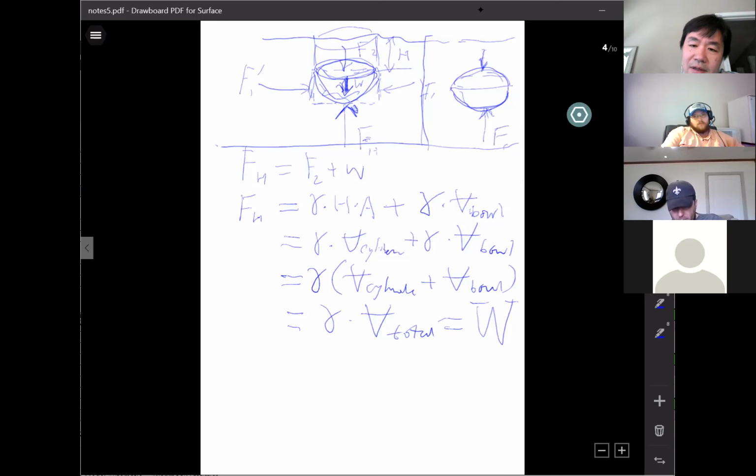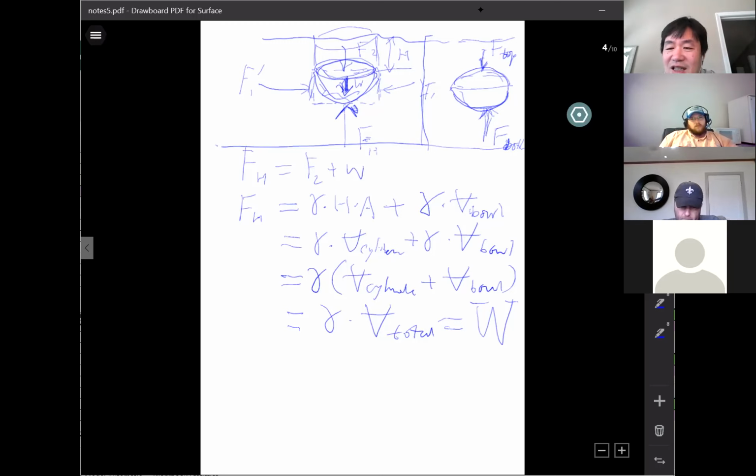F bottom, let's say. F top. Okay, the top surface going downward. The bottom surface going upward. Now, let me ask you this, which one is bigger? I already said it in the beginning, right? Bottom force is bigger or top force is bigger?